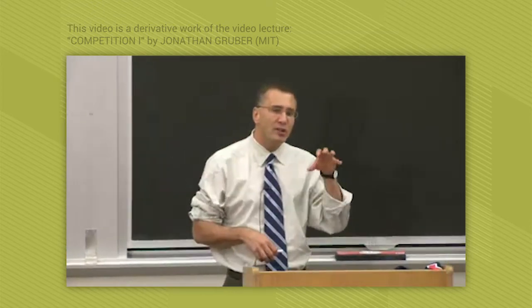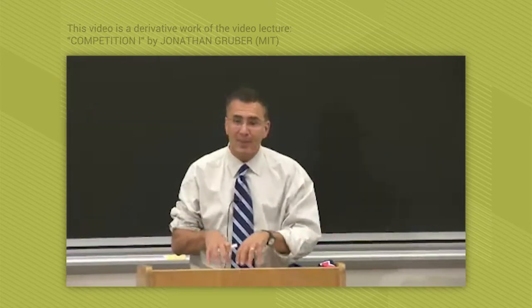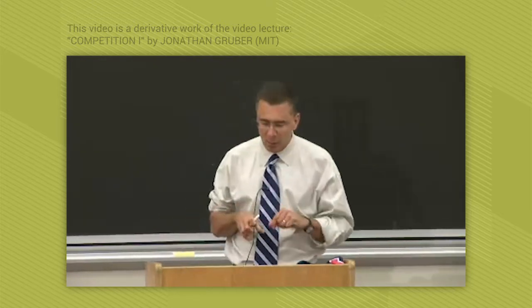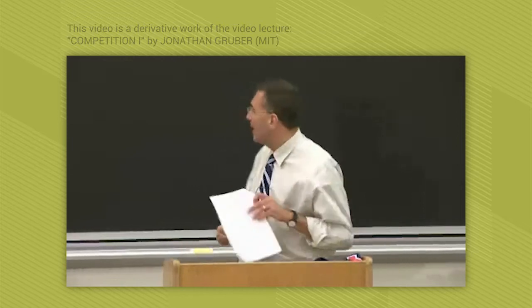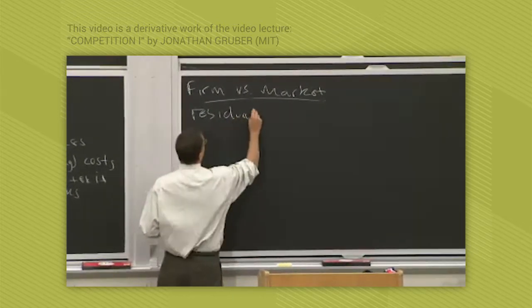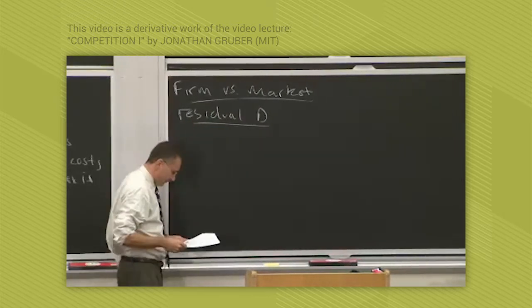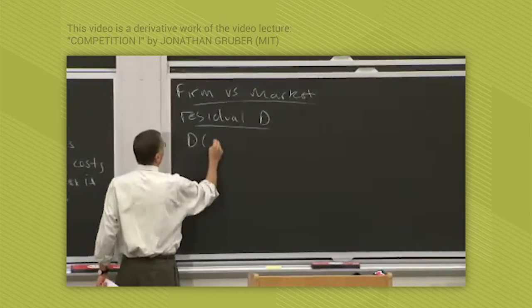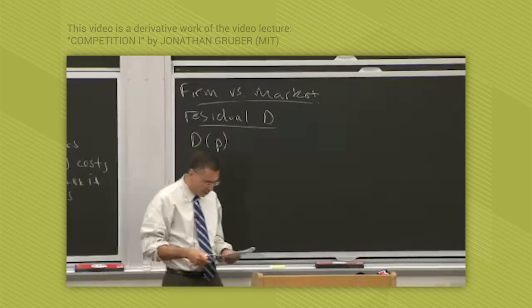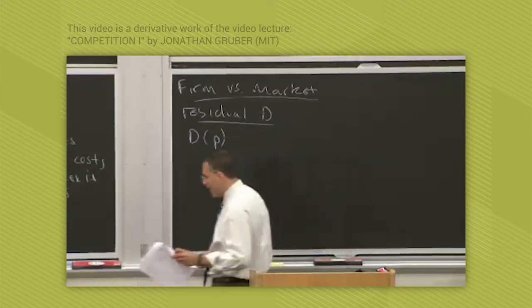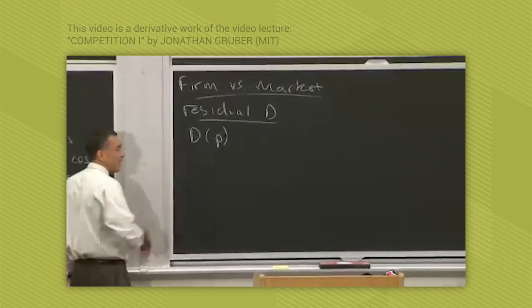So it's very important to distinguish between the demand facing the firm being perfectly elastic, and the demand facing the market not being perfectly elastic. The way to think about this is the concept of residual demand. We have a demand function for a market, D of P, which is that as the price goes up, demand goes down.